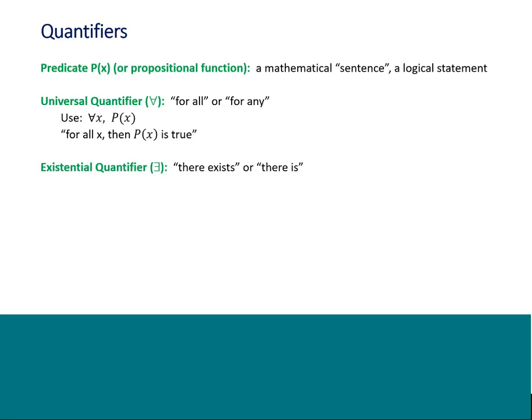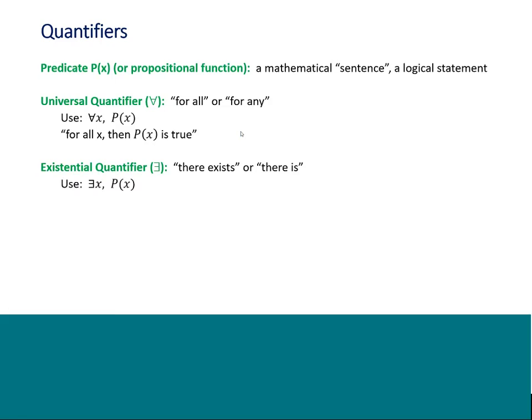Now the existential quantifier refers to existence, or there exists something, there is something. There is what people will often say, but to be very proper or correct, there exists is the more proper one. The symbol that represents the existential quantifier looks like a capital E but backwards. I'm assuming these symbols that look like capital letters but backwards or upside down, E for exist, A for all, is where they came from.